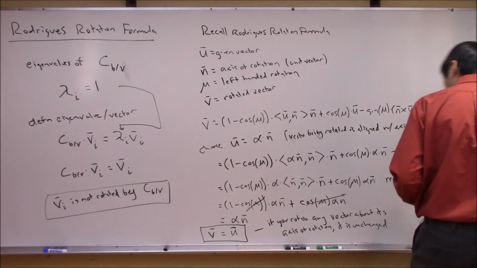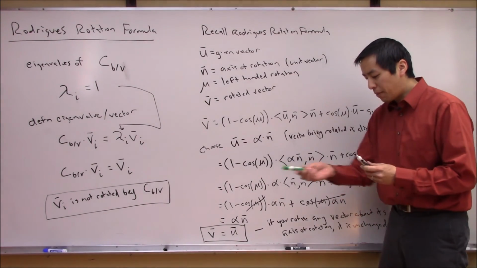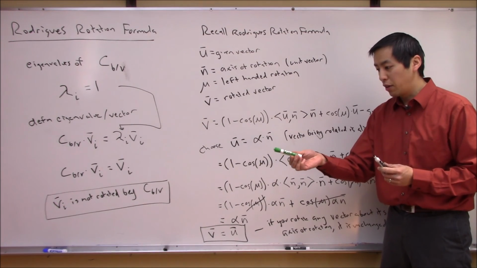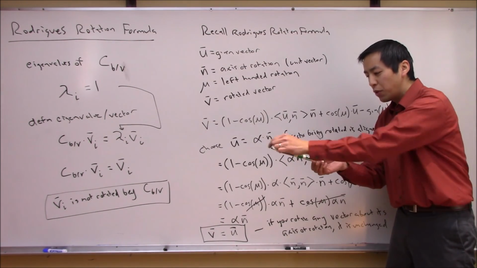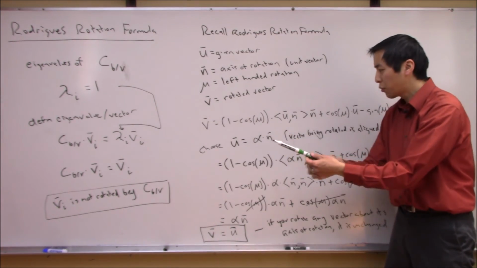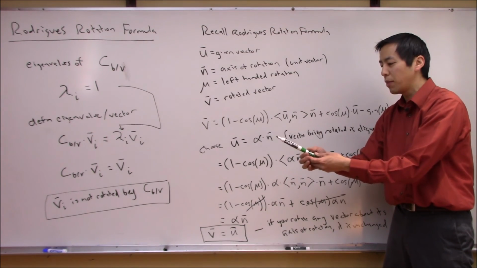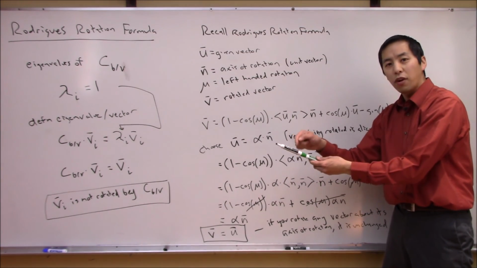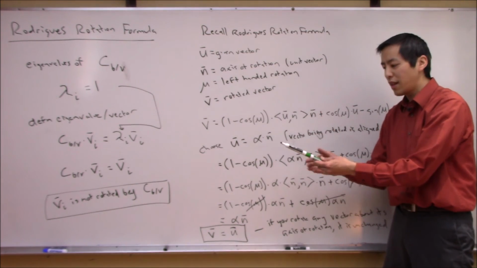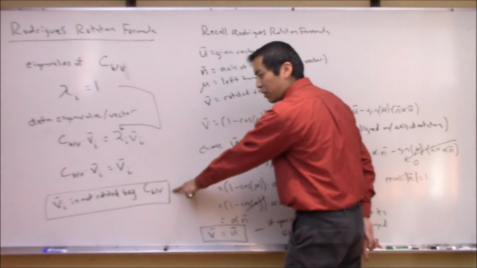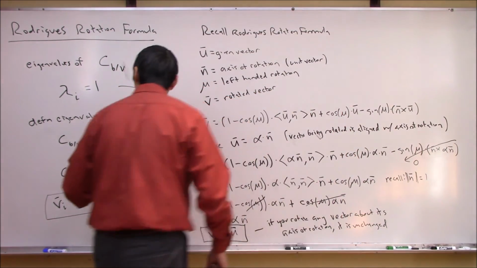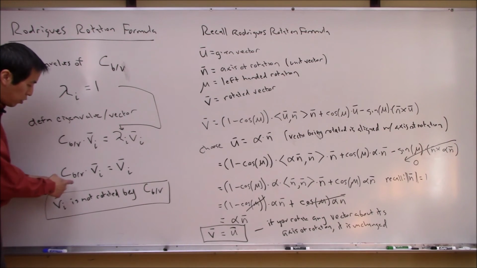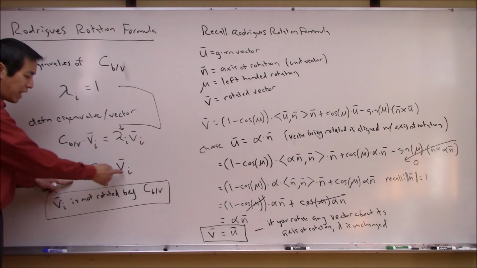Coming back to our picture, if you have some axis of rotation, which is this green pen, and you choose any vector that happens to be aligned with this axis, and then you start rotating it through this angle mu, I don't care what mu is, you can rotate it through any angle, the overall vector doesn't change. It stays the same. Isn't that exactly what we were just talking about with this eigenvector eigenvalue analysis? This eigenvector, you rotate it through the DCM by any angle, any psi, theta, phi, and it does not change.